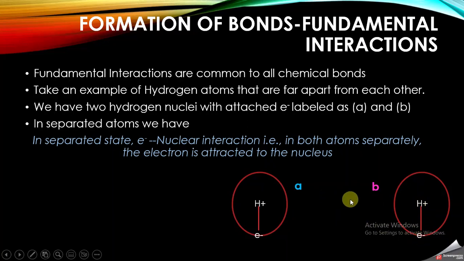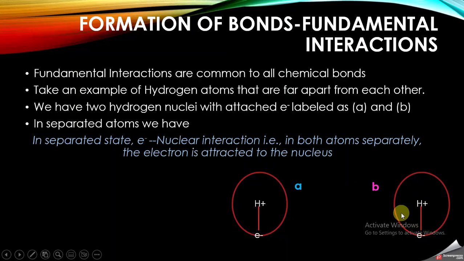In the separated atom state, the only force of attraction present is between the nucleus of one hydrogen atom and its own electron, and similarly the nucleus of the second hydrogen atom and its electron.